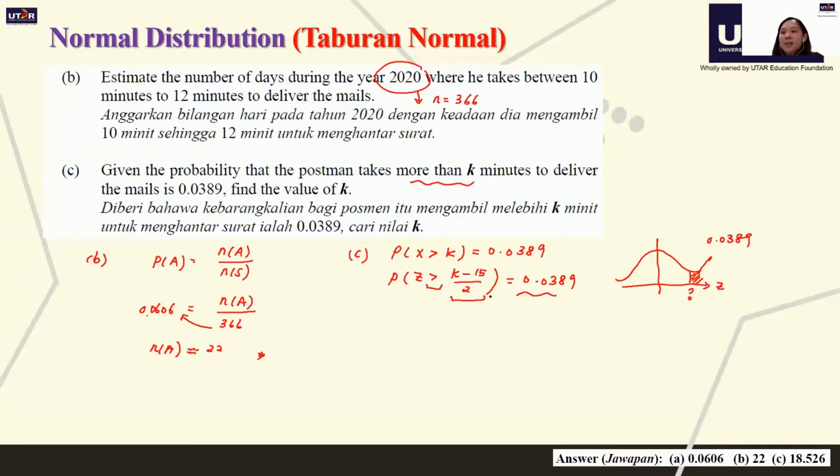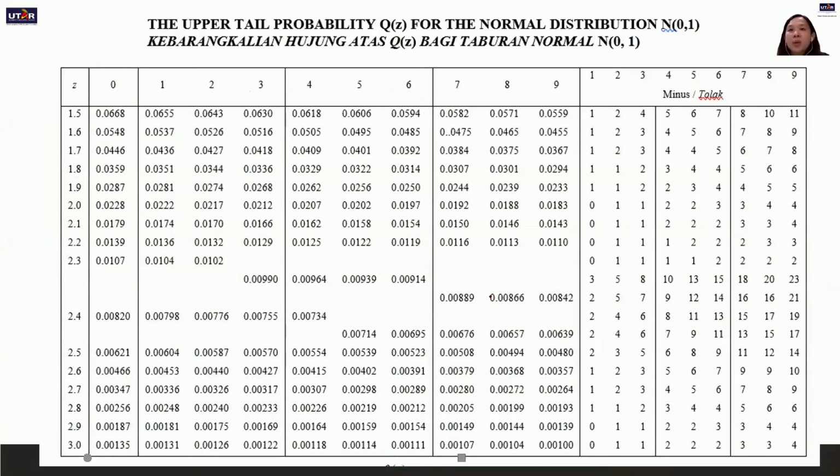Okay, so let's take a look at the graph again. So we need to find the answer with the probability of 0.0389. So this is the location, 0.0389, right? I need to minus 3 from here, because after I minus 3 from here, I will get this 0.0389, correct? So my location is actually here.